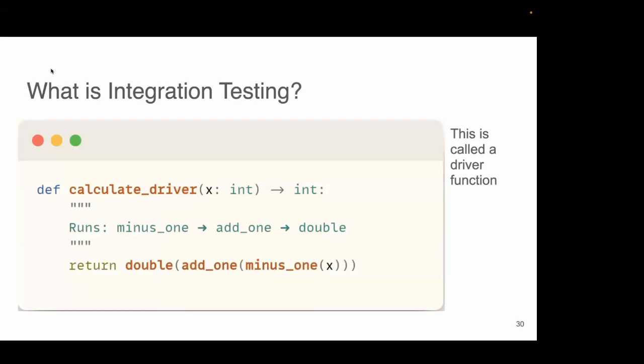To integrate them, we can pass x into minus 1, then the output of minus 1 is passed to the add 1 function, and the output of add 1 is passed to the double function. This type of function can be called a driver function, which connects two or more components or functions together.